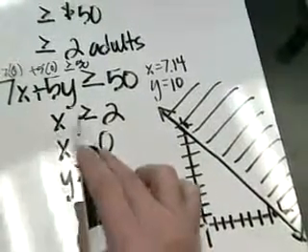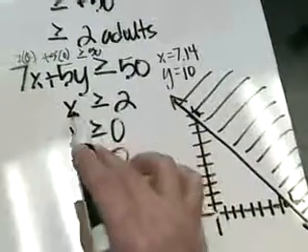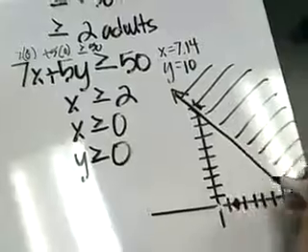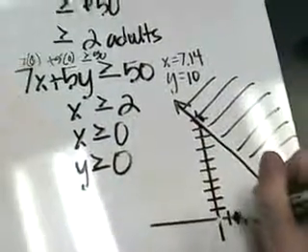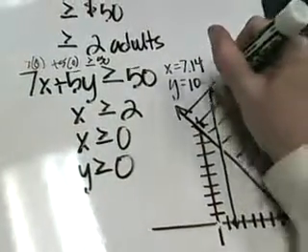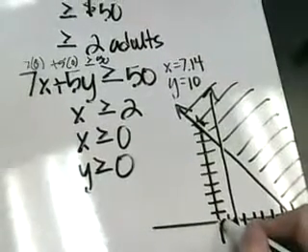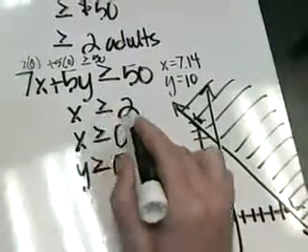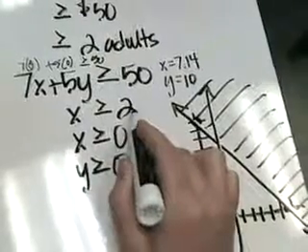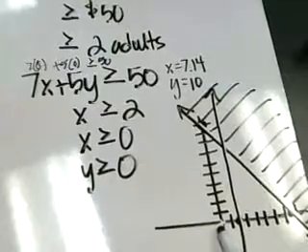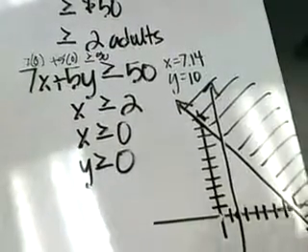Second one, x is greater than or equal to 2. Remember, x equals 2 is a vertical line, so here's 2. I'm going to draw a solid vertical line. If I put 0, 0 in, is 0 greater than or equal to 2? No, he is not. Here's 0. He is not greater than or equal to 2, so I'm going to shade the other side of the line.